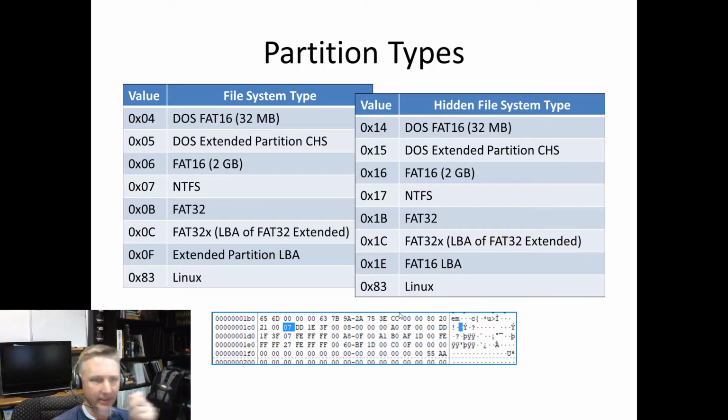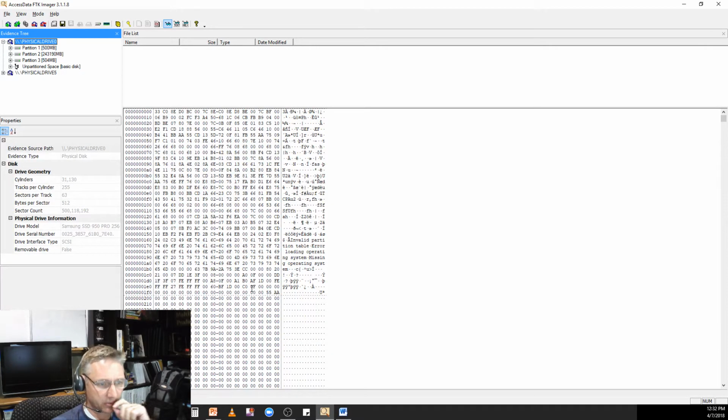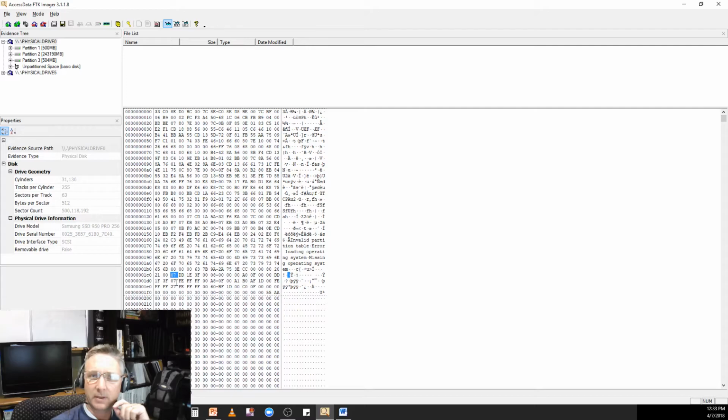So anyway, there's your partition type header codes and a chart, and now we know what it looks like. Again, sorry to be too redundant here, but if we go back to our master partition table, we're looking at our master partition table right there. 07 tells us that it's NTFS formatted.